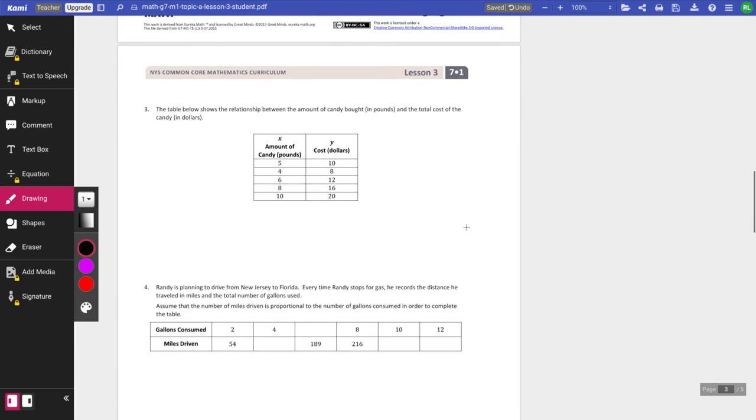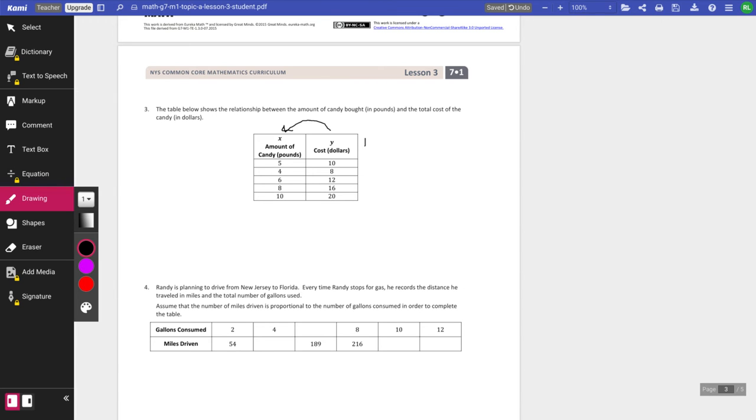The table below shows the relationship between the amount of candy bought in pounds and the total amount of candy in dollars. All right, so let's look at this. I'm going to go from my y to my x. Okay, I could go either way, but I'm going to go from my y to my x, and I have to have that same value going again, back and through.